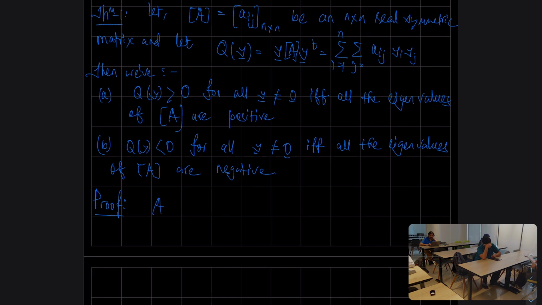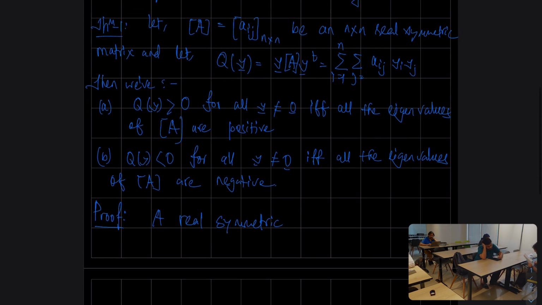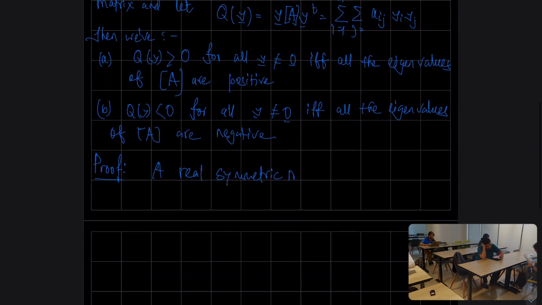So a real symmetric matrix is diagonalizable. Now that I am not proving, it is left to your linear algebra course.